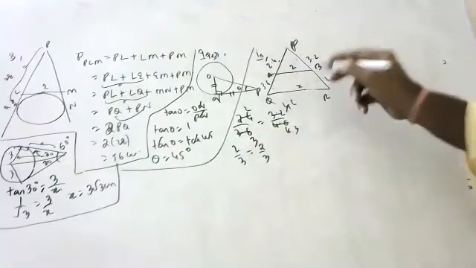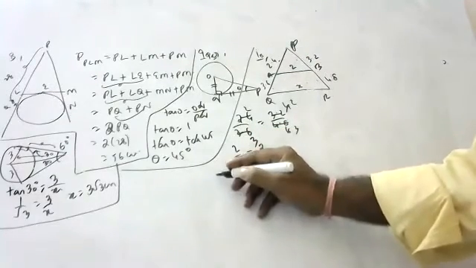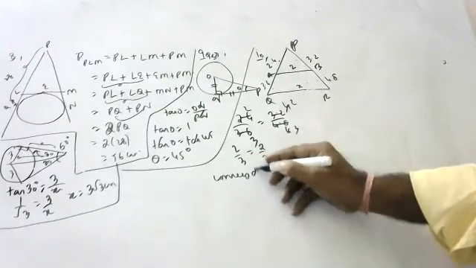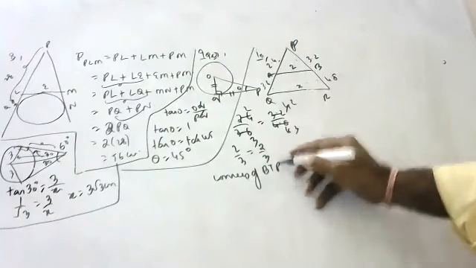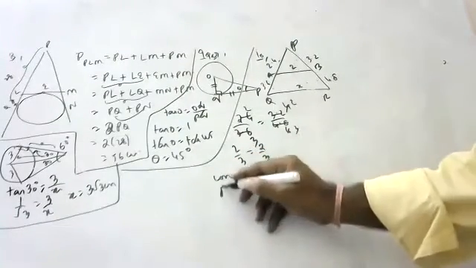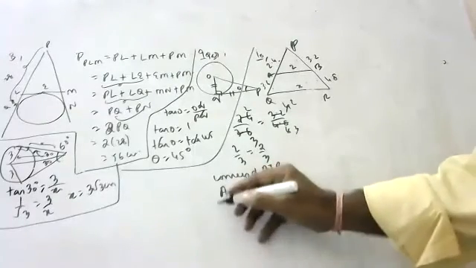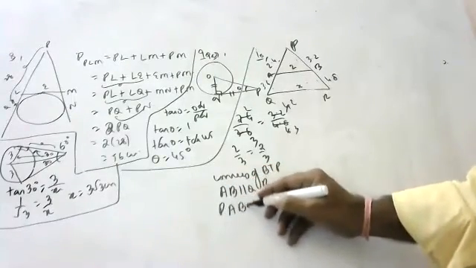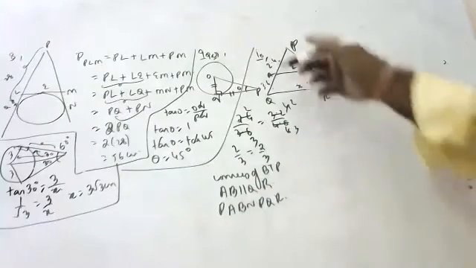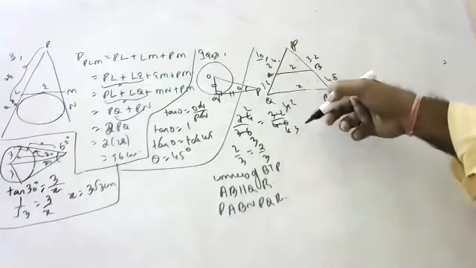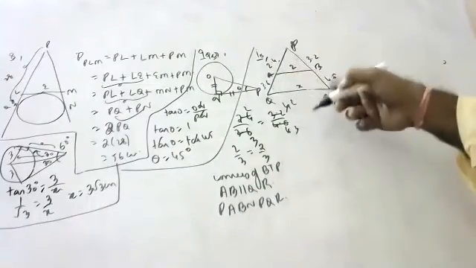As both sides are proportional, by converse of BPT, AB is parallel to QR. AB is parallel to QR means triangle PAB is similar to triangle PQR.